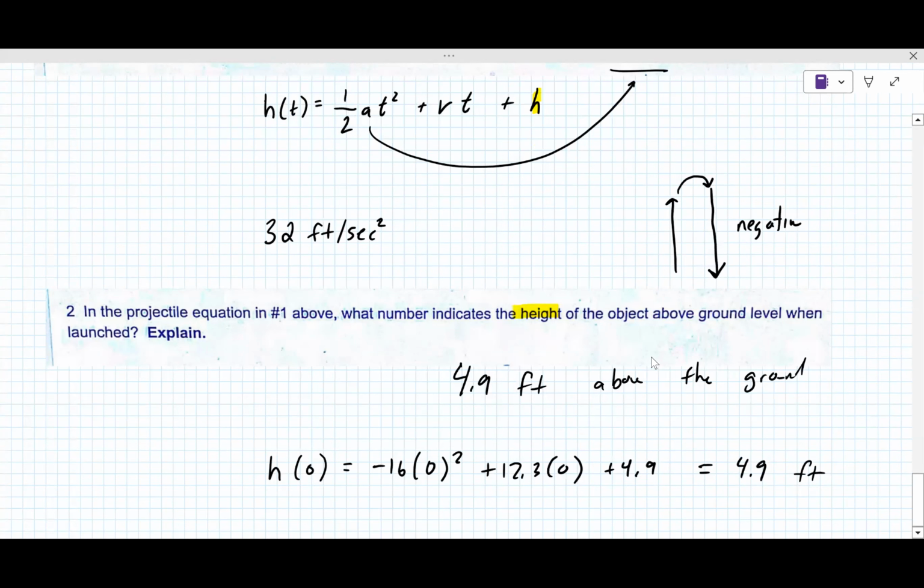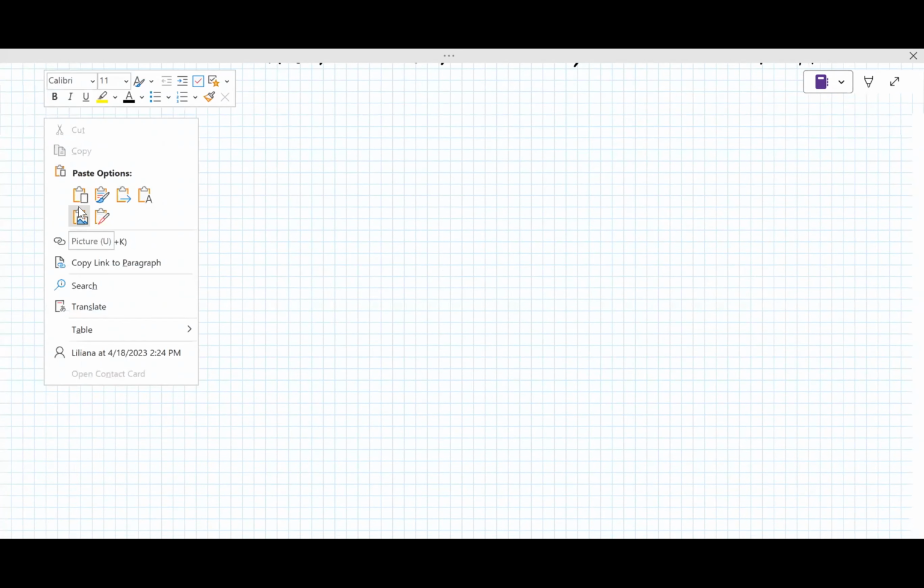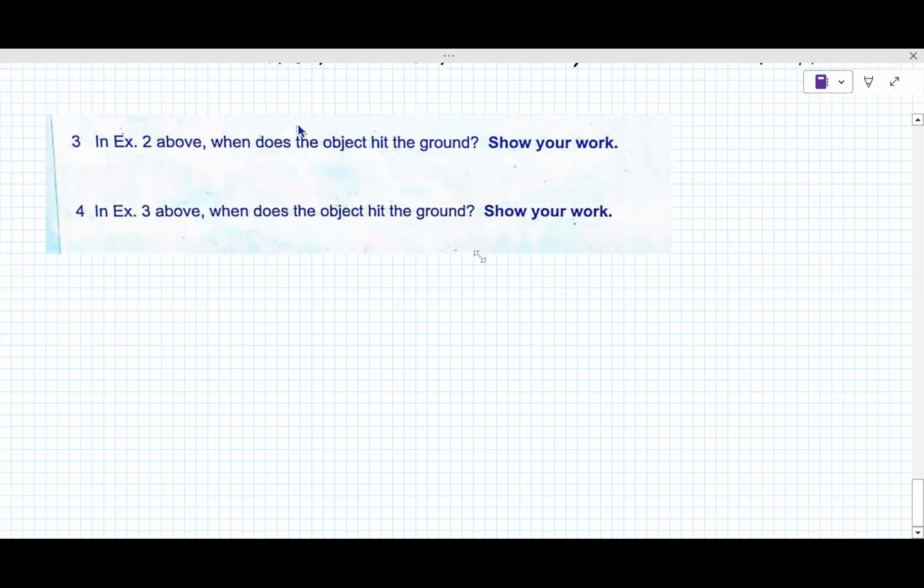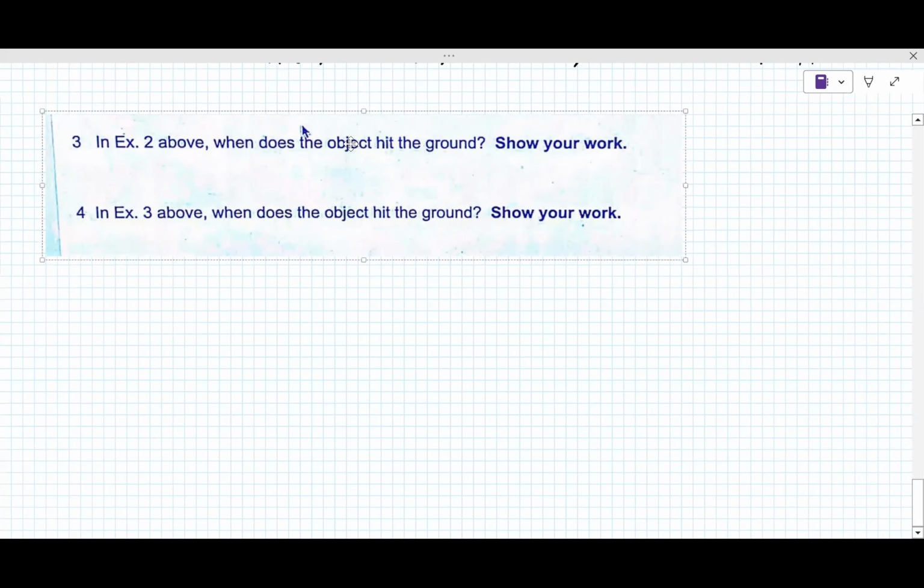All right. Does the object hit the ground? All right. So I'm looking at 3 and 4. They appear to refer to something that we don't possibly have. It says here in example 2 above, when does the object hit the ground?